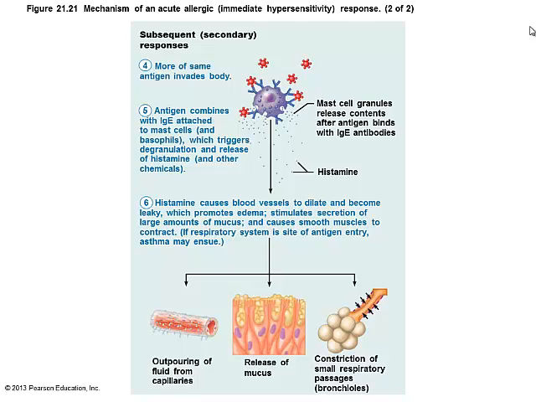So plasma cells, those mast cells that contain histamines, are going to become stimulated and over-release those histamines to cause an overabundance of an inflammatory response throughout the system. So histamines can cause blood vessels to dilate, become more leaky, and sort of be a never-ending cycle of fluid release during a hypersensitive moment.